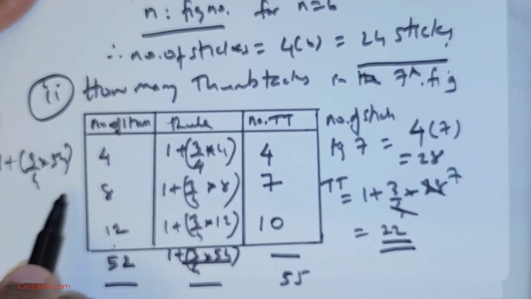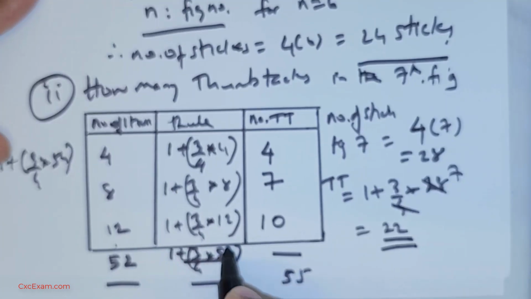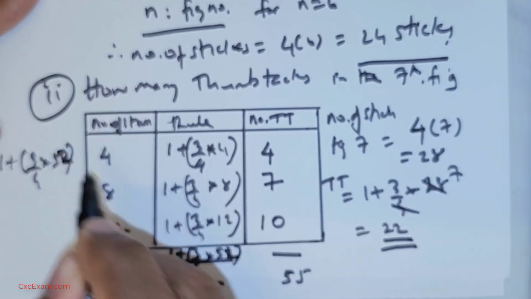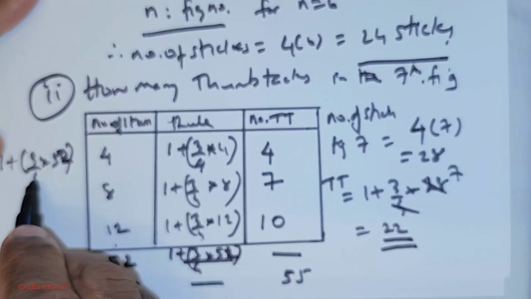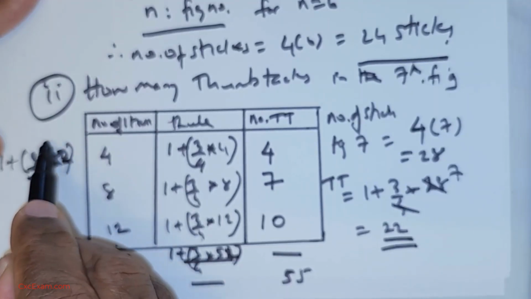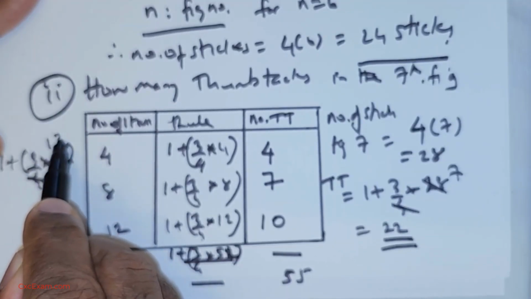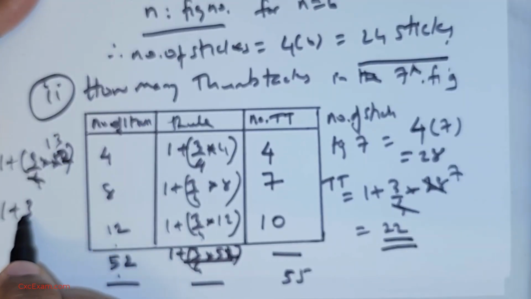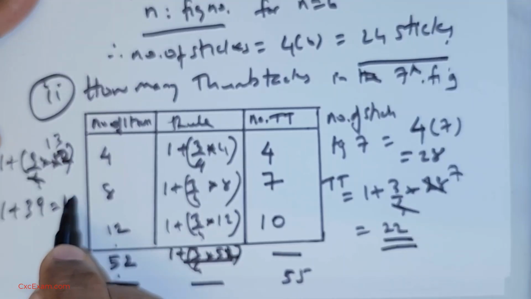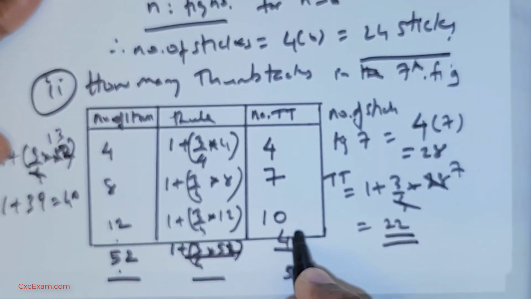Sorry, it's 52, not 54. 52 is given here, so I should have placed 52 there. So that's the value that is occurring there. Now 4 divides 52 how many times? 13 times. So it's going to be 1 plus 3 times 13 is 39, added with 1 is 40. So this value is going to be 40.